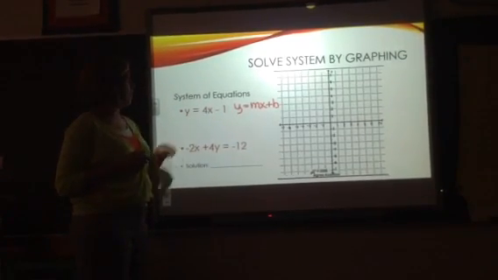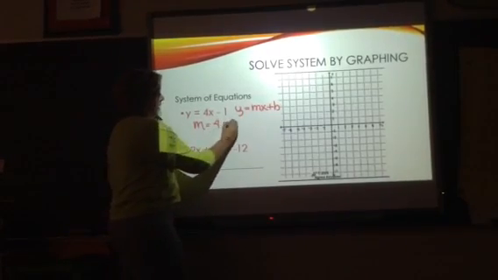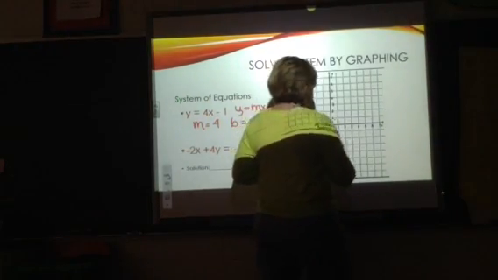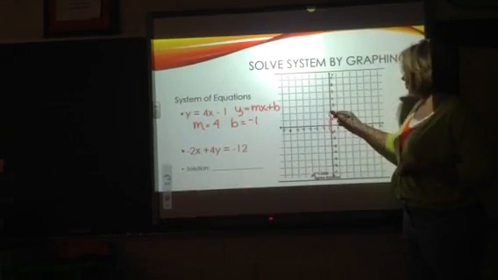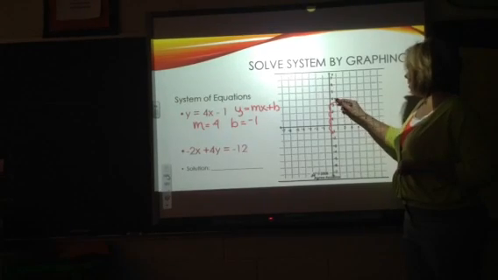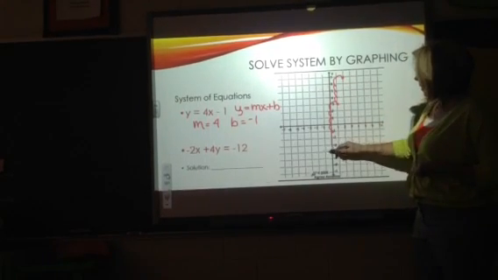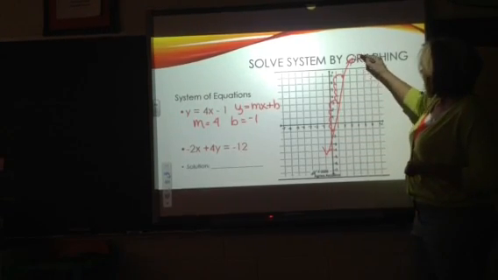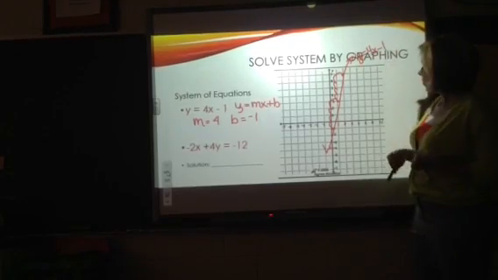So y equals 4x minus 1. Well, I know that my slope is 4, and my intercept is negative 1. I'm going to go ahead and graph those. Negative 1, a slope of 4, that means I count up 1, 2, 3, 4 over 1. Solid line, connect those points.